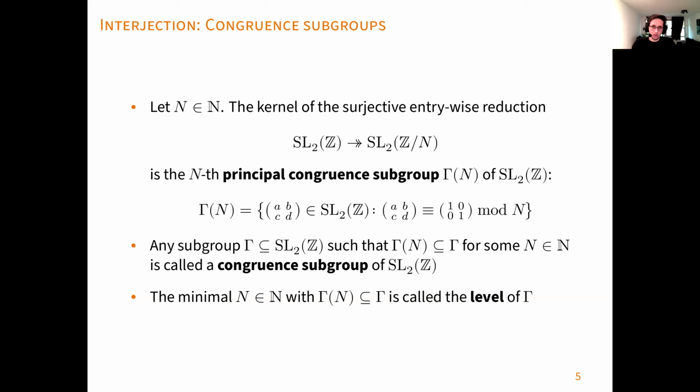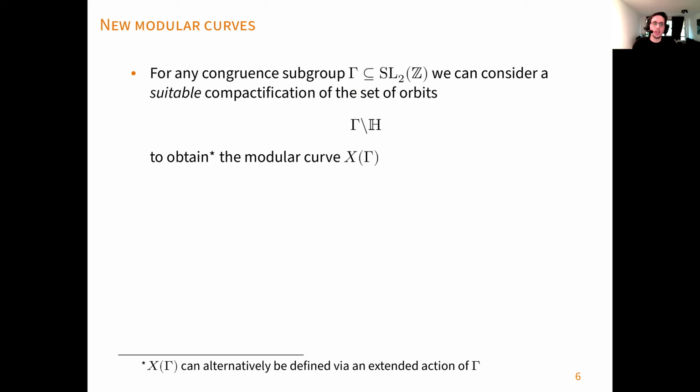But for now, let's go back to our setting of the action. What we can do now is take any congruence subgroup in SL2(Z), and we can again look at the set of orbits, and under a suitable choice of compactification, we obtain the modular curve X(Γ). This can also be obtained by acting with this group Γ on the so-called extended upper half plane, and then the notion of cusps of the subgroup comes into play.